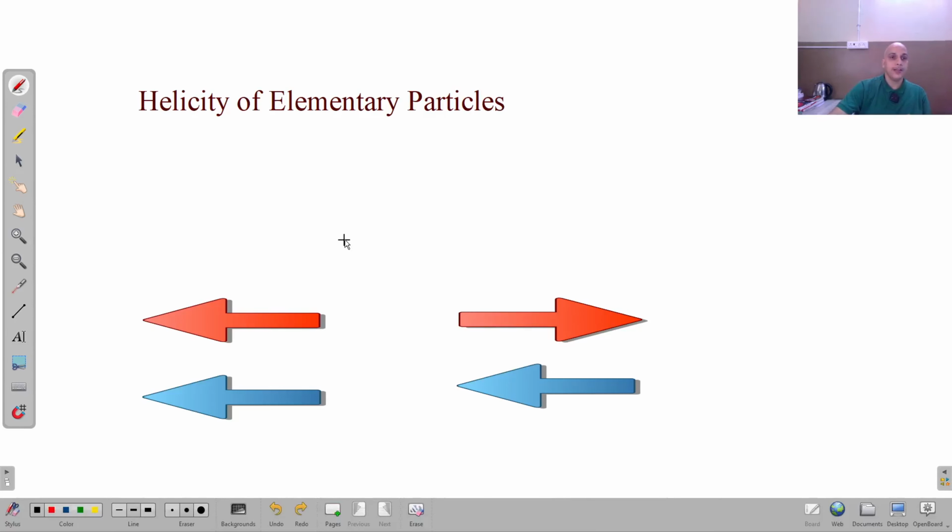In this lecture, I am going to discuss the helicity of elementary particles, right? We have seen in the earlier lecture that parity was violated in weak interactions. That's why we have solved the tau-theta puzzle.